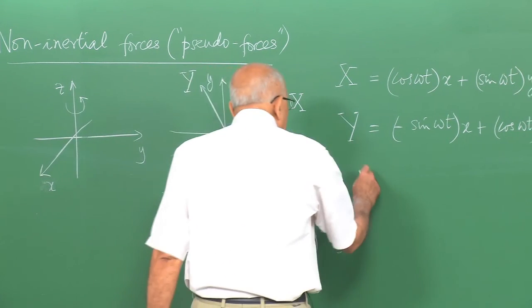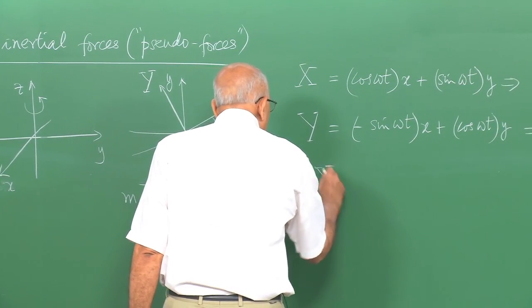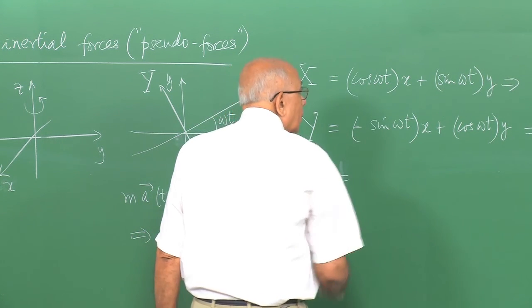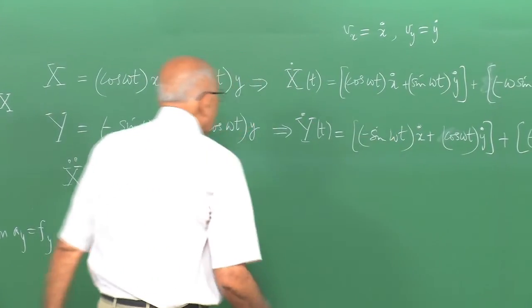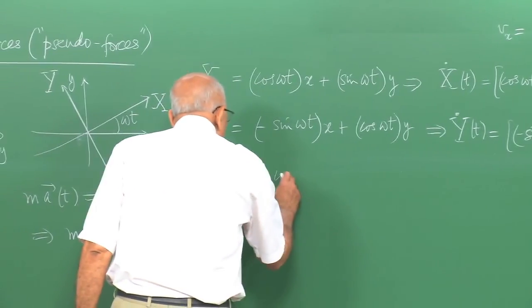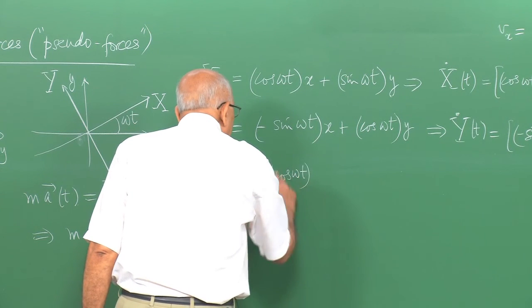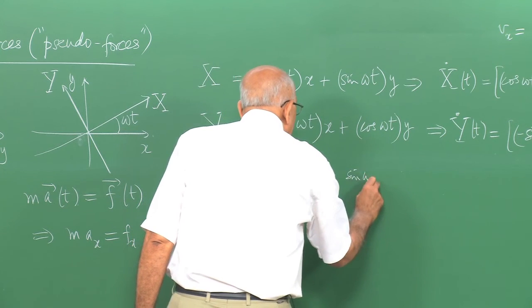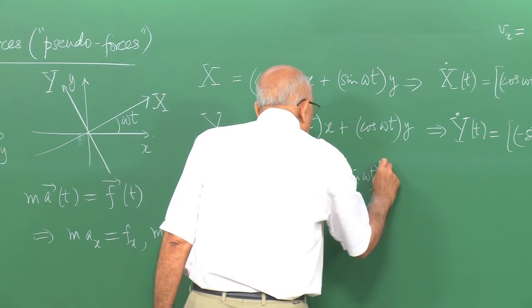So, the second derivative x double dot of t is equal to, again I differentiate this term and this term first, and I get cos omega t x double dot plus sine omega t times y double dot.